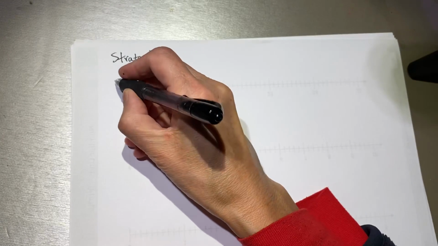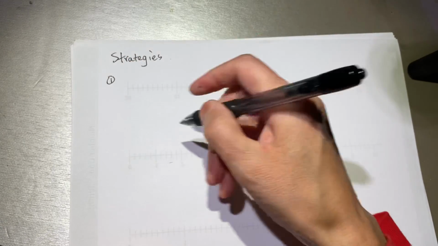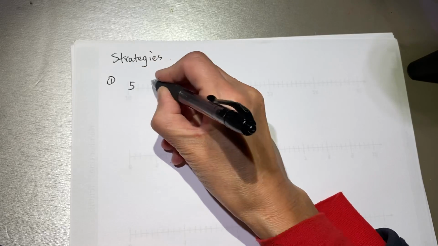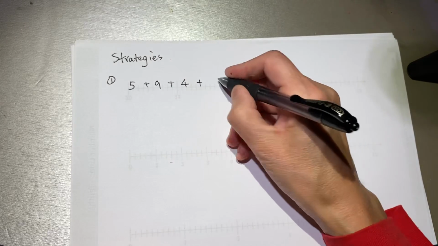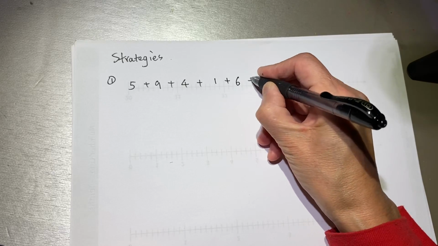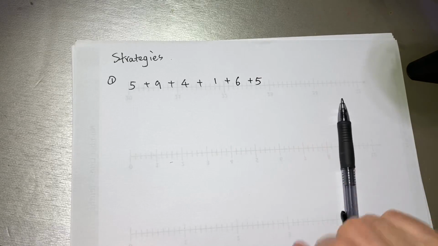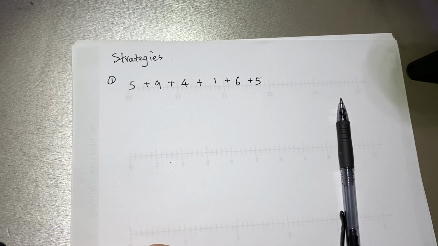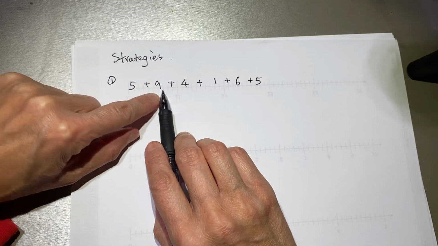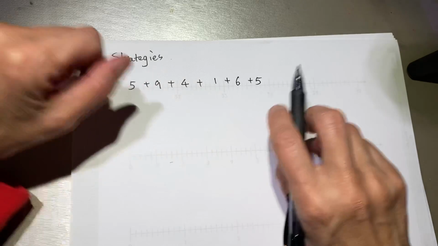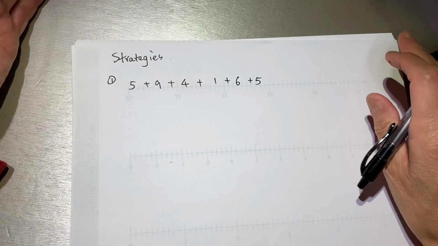I'll make an example. The first question: 5 plus 9 plus 4 plus 1 plus 6 plus 5. When we see these kinds of problems, I can definitely do it one by one, and it may take a long time.